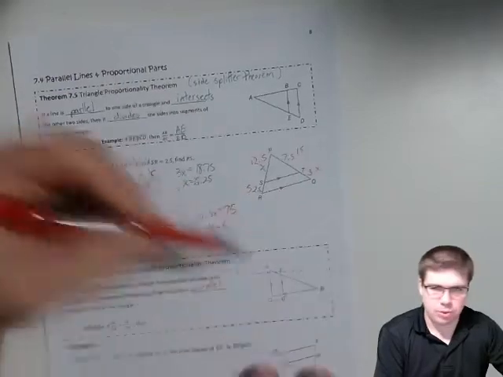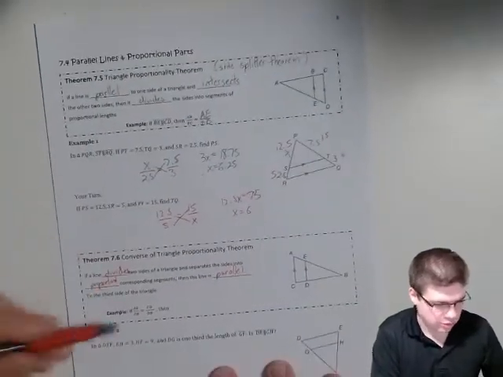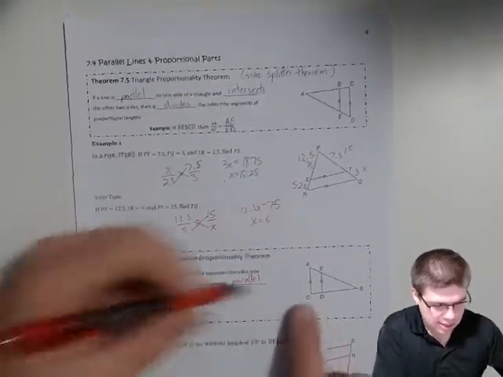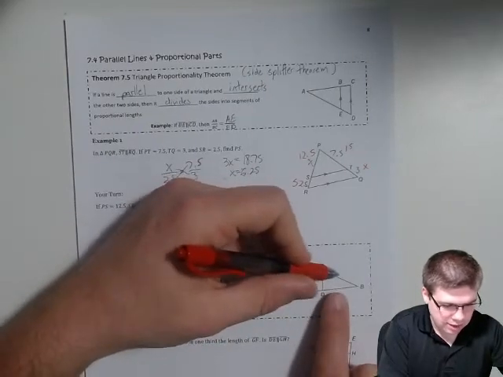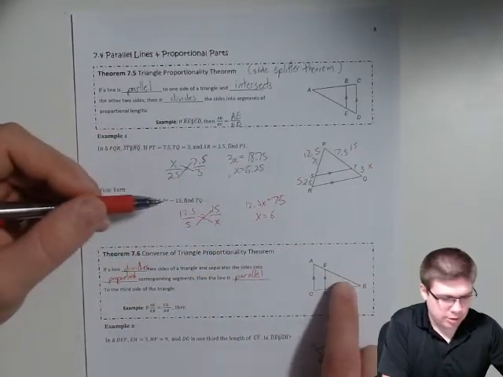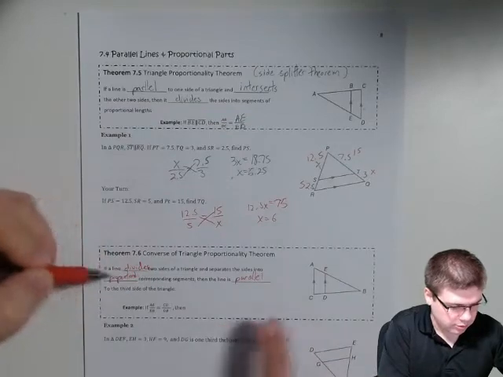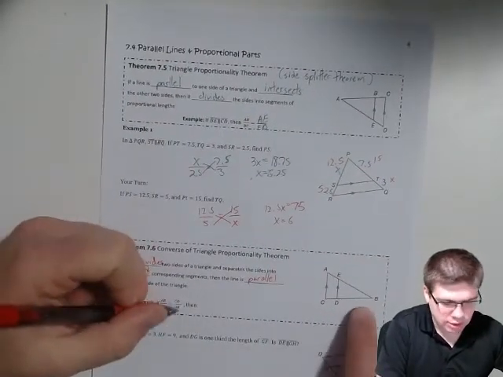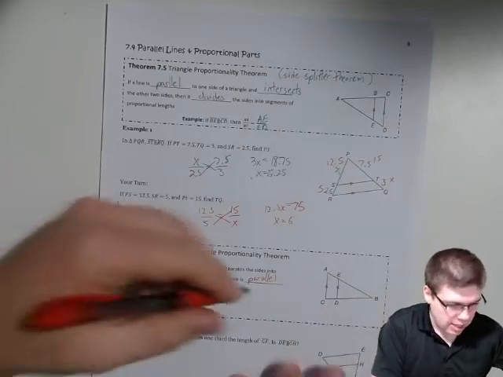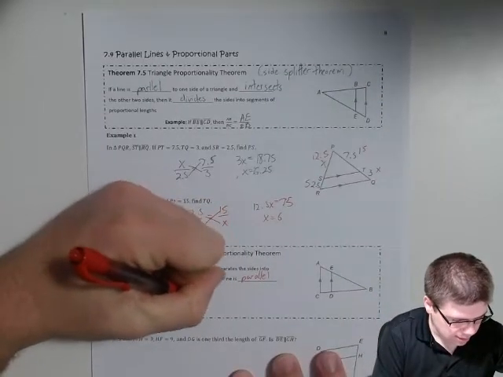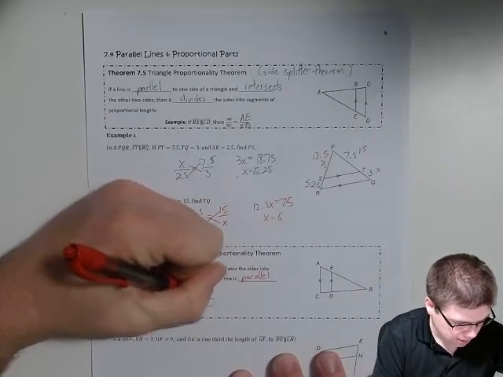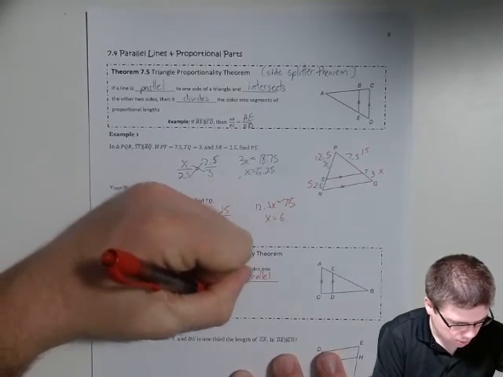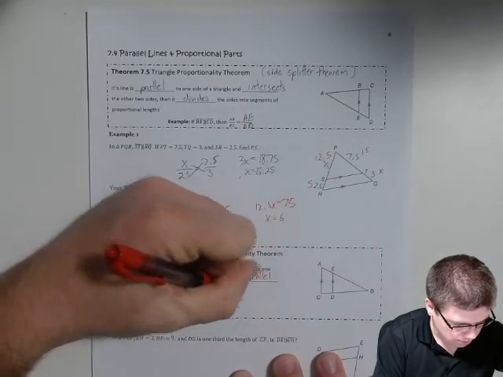Here, if they're proportional parts, then we know it's parallel. So for example, if AE over EB, this part over that part, and it works both ways, you can always flip these proportions, is equal to CD over DB, then we know that ED is parallel to AC. That's what we know.